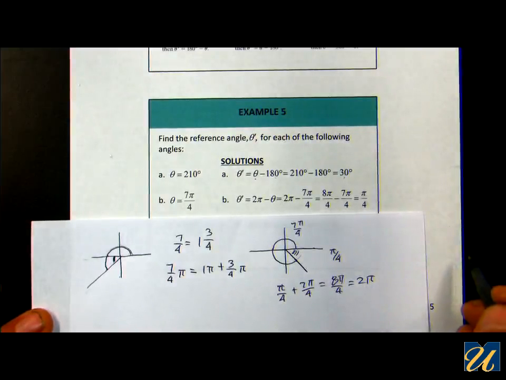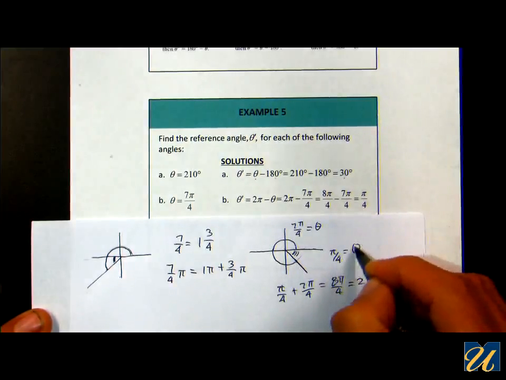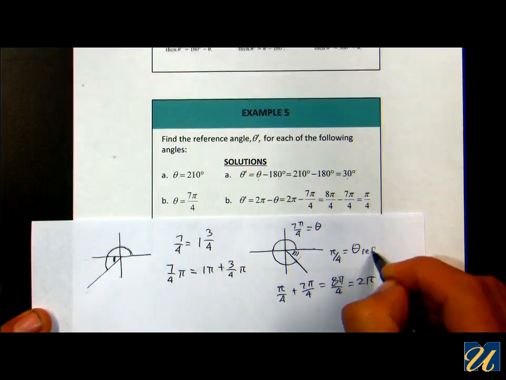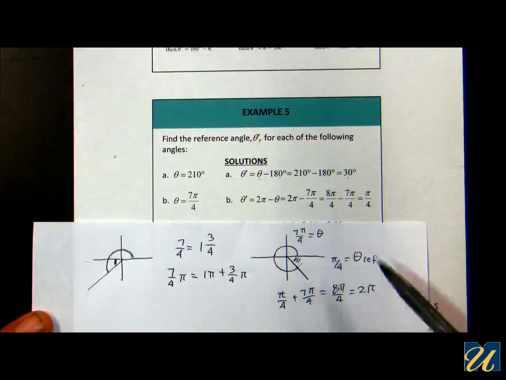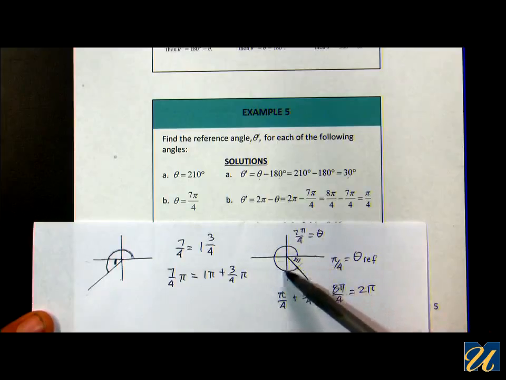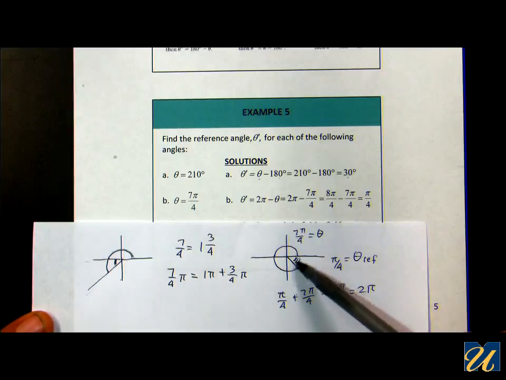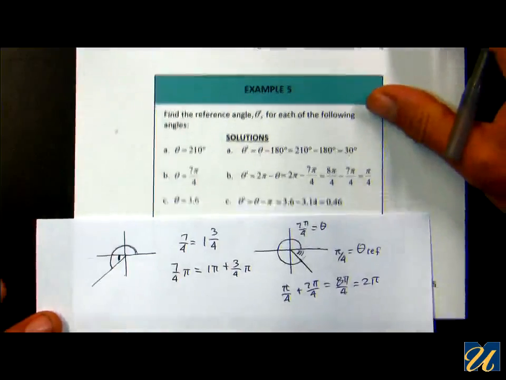So this is your given angle here, and this is your reference angle. I like to label it theta ref. According to the directions in the PowerPoint, we take 2 pi, which is a full rotation, subtract off the given angle, and that'll leave the amount left over right in here. That's why the subtraction works in that direction.